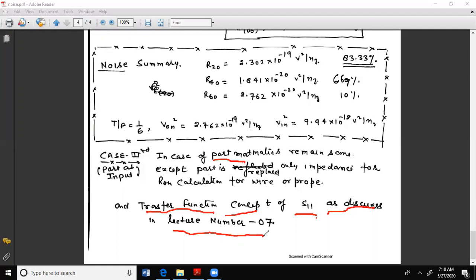In the next lecture we will verify every result for the case of the bias and the case of the port, and we will also take a case of active circuits, that may be the inverter or any other amplifier, and calculate all these powers in Cadence Virtuoso. Thank you very much.